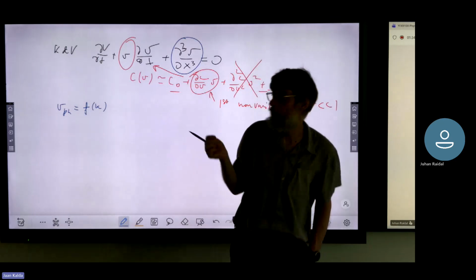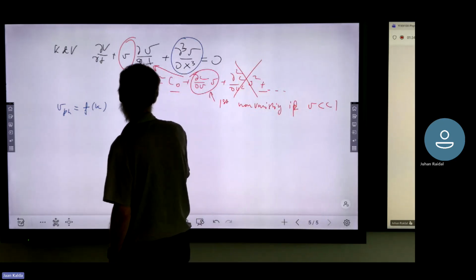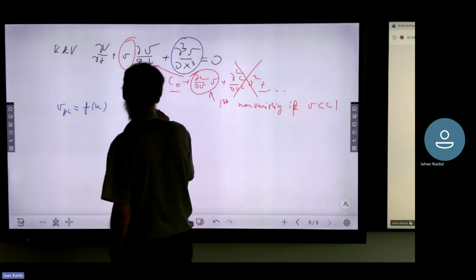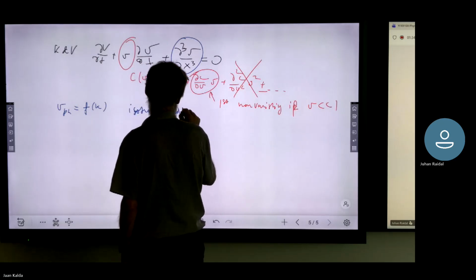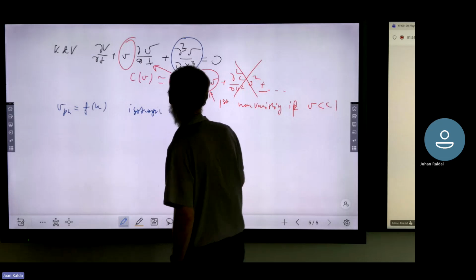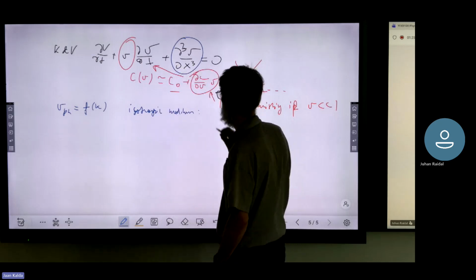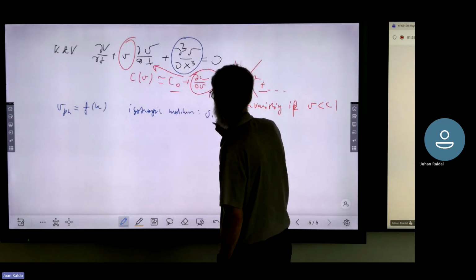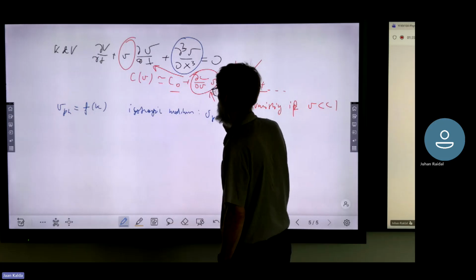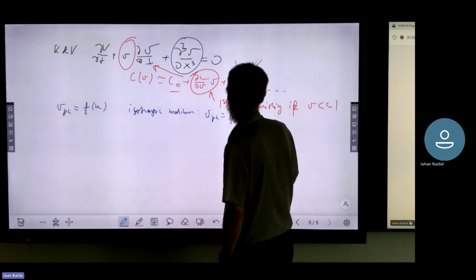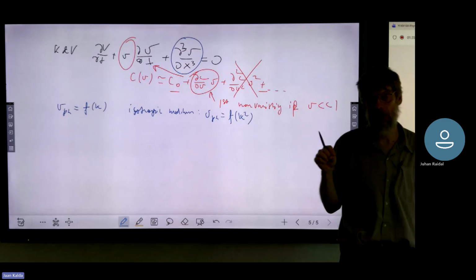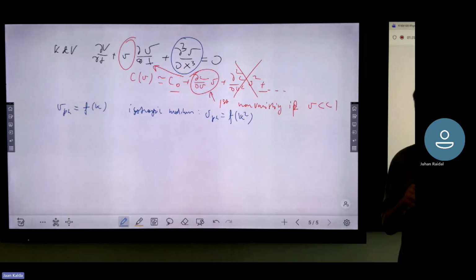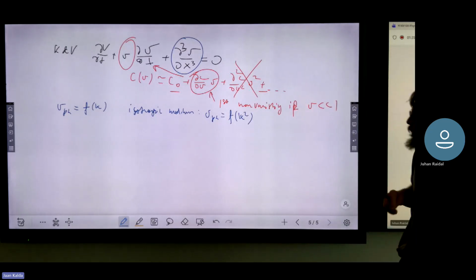Like we have an isotropic medium. Then the phase velocity depends only on the modulus of the wave vector, not on the sign. Left and right propagating waves are the same.